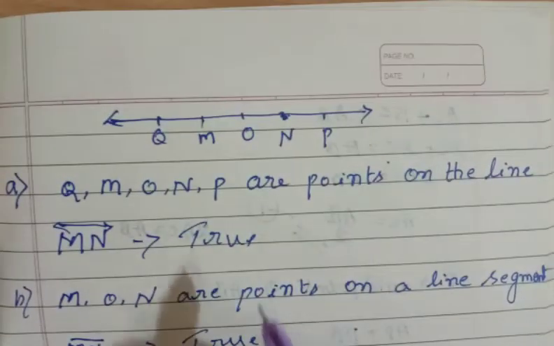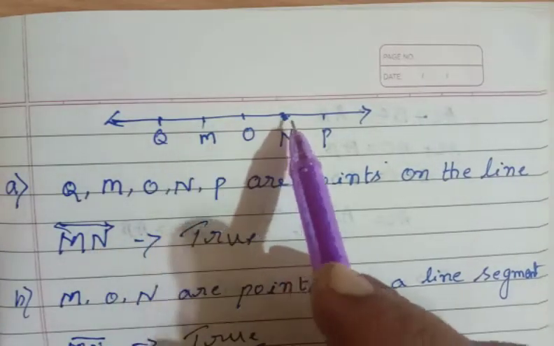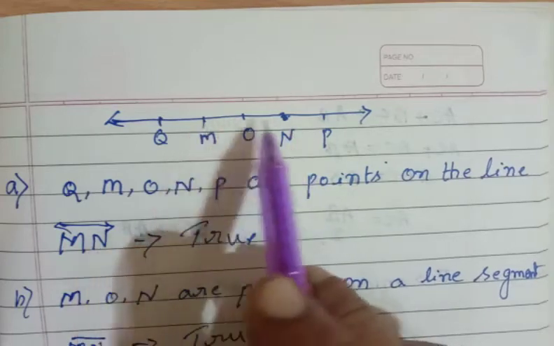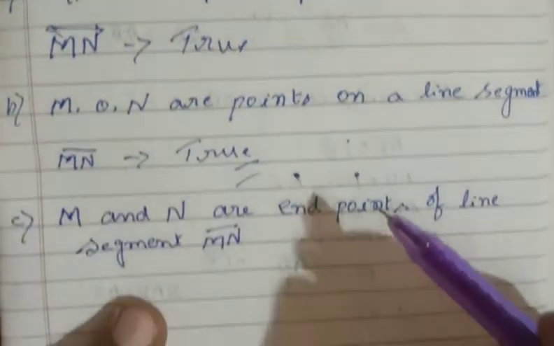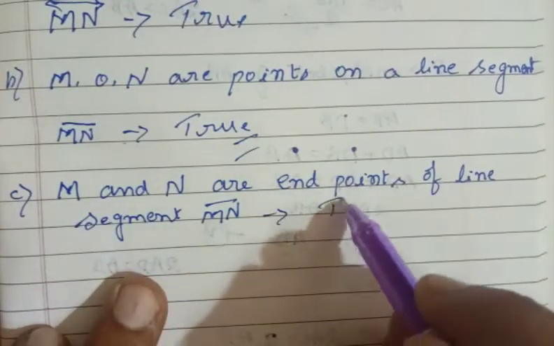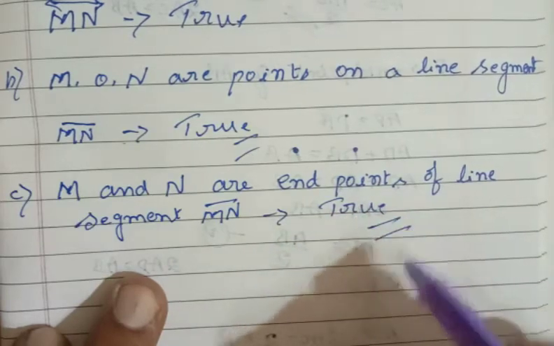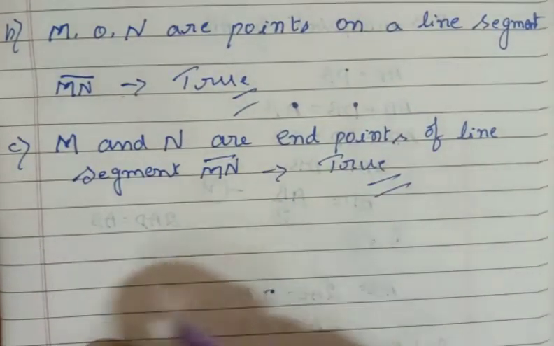That is correct. M and N are endpoints of a line segment MN. The statement is true.